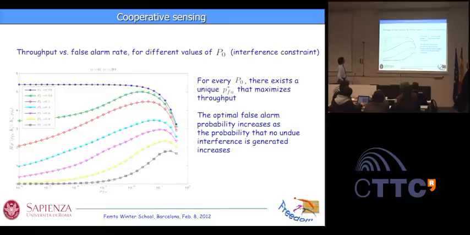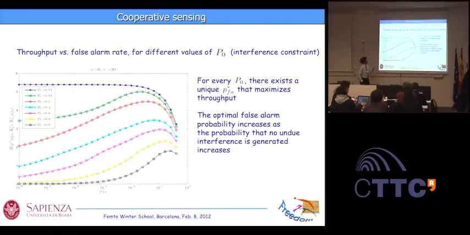This is another curve that shows the opportunistic throughput as a function of the false alarm probability, for different values of P0. P0, remember, was the probability that we are confident that we are not generating too much interference to the macro users.